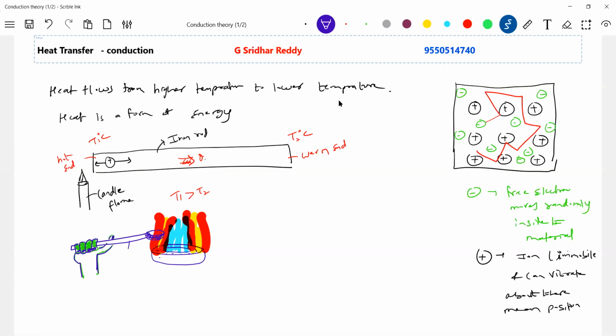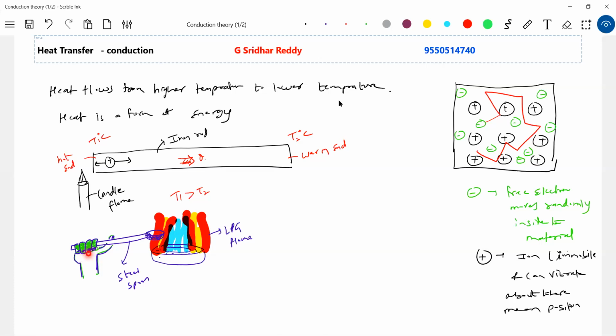So there's a metal spoon, not a plastic one, because plastic will melt. I'll write steel spoon. Can you hold it continuously? I think after some 5 minutes, though your hand is away from the flame, you can start sensing the hotness.